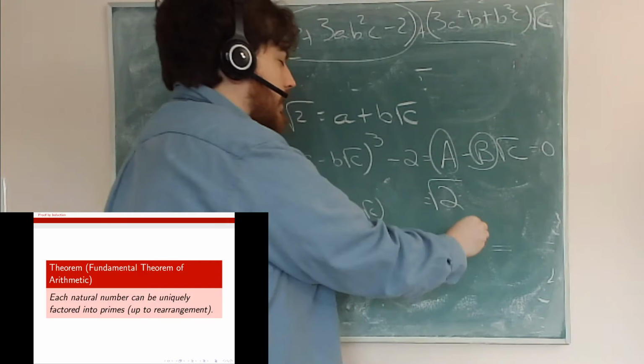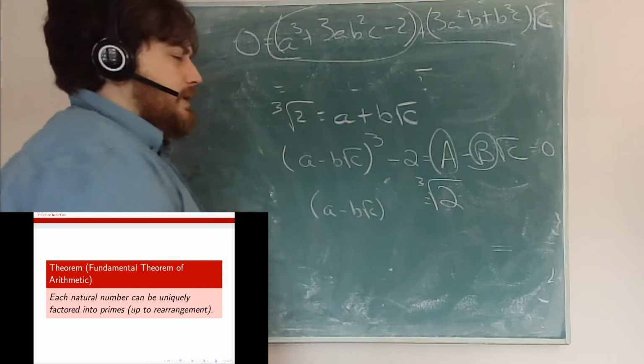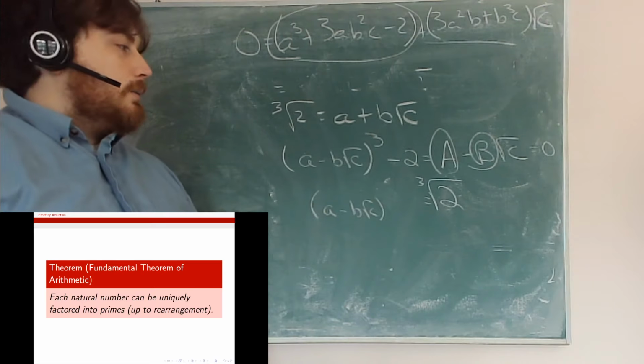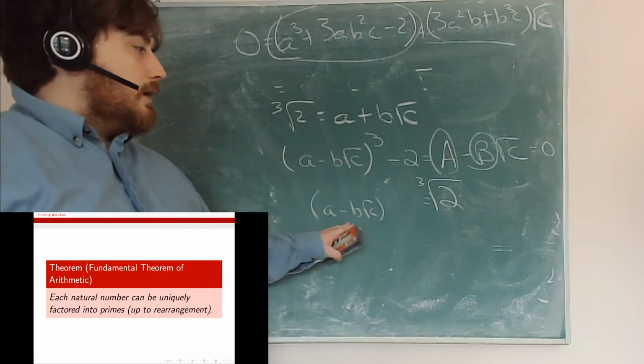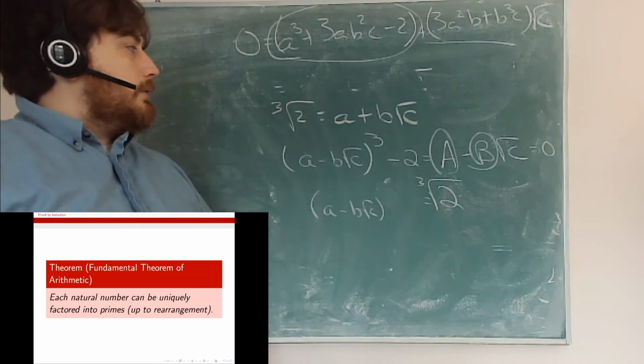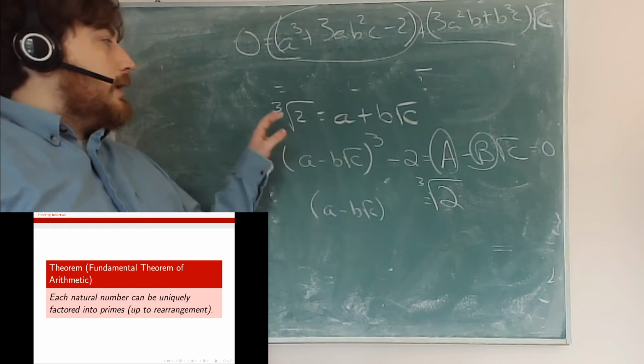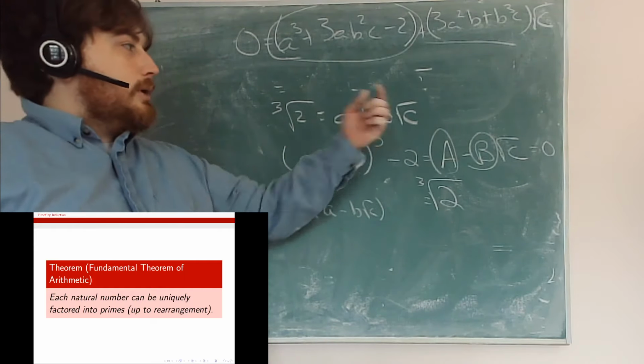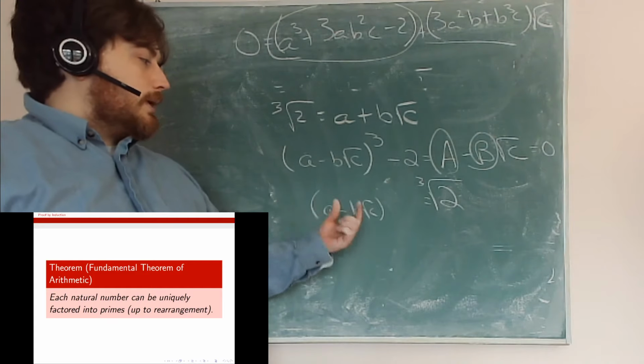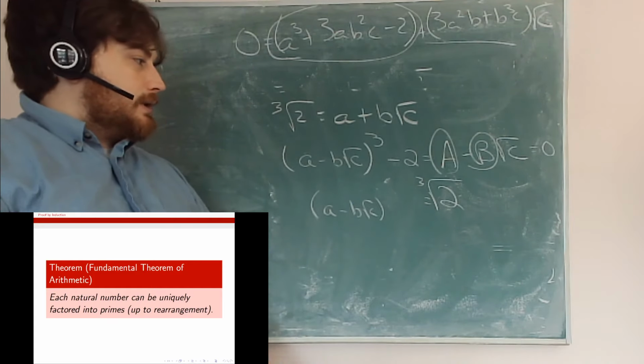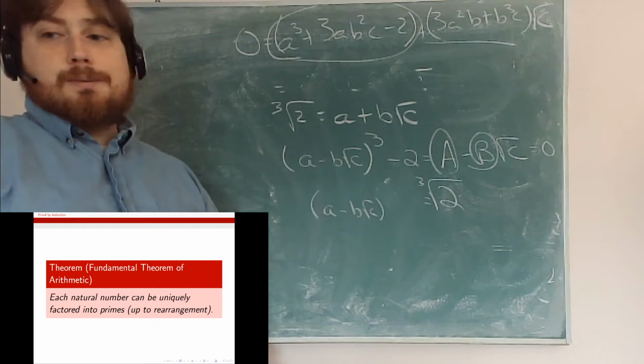Therefore, A minus B square roots of C would have to be another cube root of 2. So that is, if the cube root of 2 is A plus B square roots of C, then also A minus B square roots of C is also a cube root of 2.